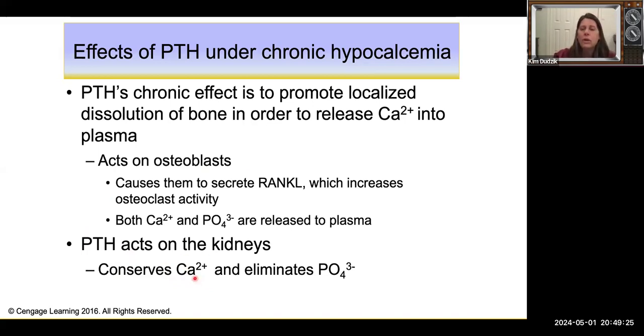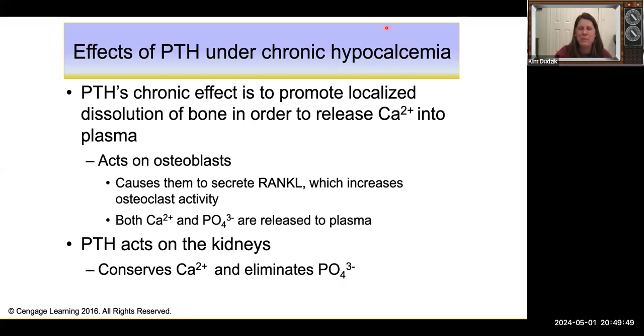But it doesn't do anything to conserve the phosphate. It allows the phosphate to be eliminated with the urine. And here's why. As long as calcium is in the blood plasma with phosphate, phosphate is going to want to attach to it and draw it to the bone, which would then decrease our calcium levels.